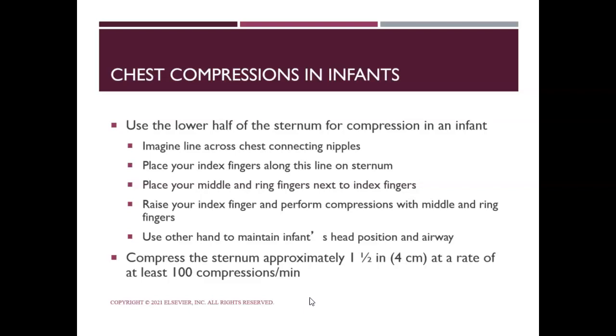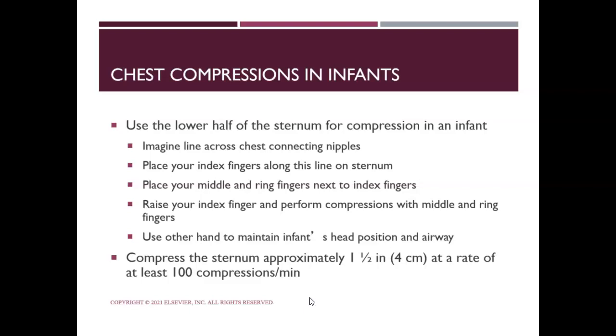The other way is putting your index and middle finger, or your middle and ring finger, on that sternum right below the nipple line, and performing the compressions that way. So really depending on how small the infant is, doing the two-hand method surrounding the chest is easier on smaller babies, and probably the preferred method on smaller babies. But bigger babies, you might need to use the two-finger method on the sternum. And again, we'll practice each of these types of compressions in the lab.